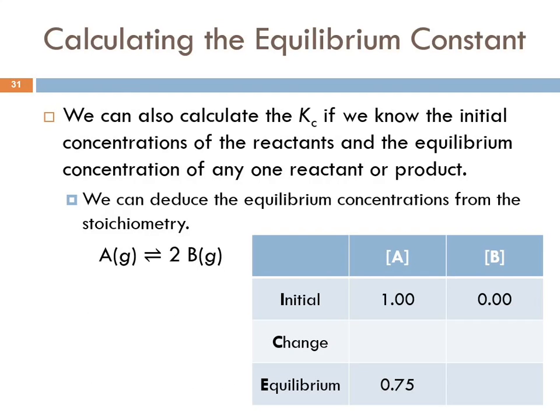So it turns out we can also calculate the equilibrium constant if we know the starting concentrations of the reactants and we know the equilibrium concentration of just one of the reactants or the products, just one species. And so that makes things much easier. Like we did with the bleach, we were looking at that dye.